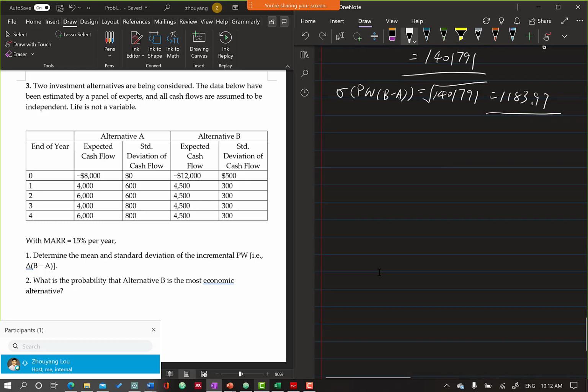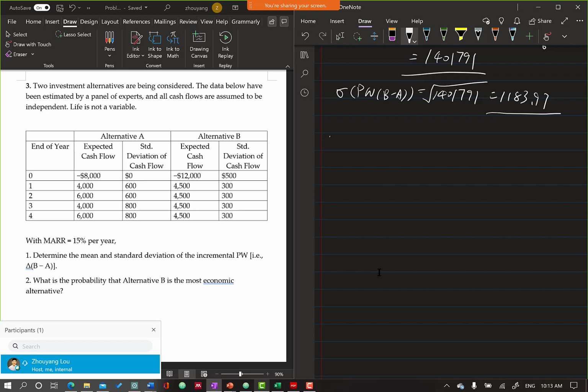And for the second one, it becomes more straightforward when we have this. So we want to have this probabilistic language of describing some alternative is better than the other. So we first set a baseline as the negative part.